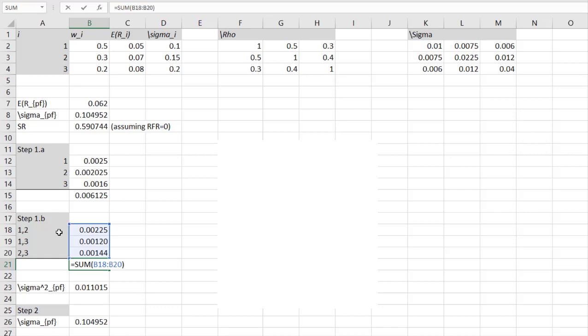Adding these 3 values gives me the result for step 1b. If I add the results from step 1a and step 1b, this is the portfolio variance. And finally, if I take the square root of the portfolio variance, I can see the portfolio volatility.